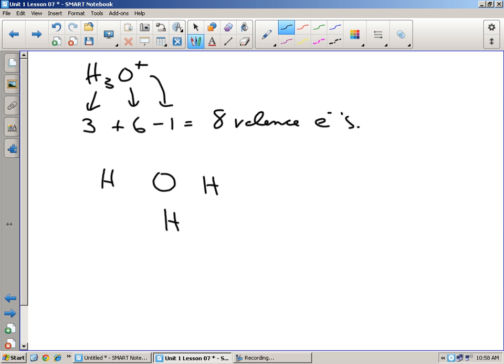That's step 3. Step 4 says the following. Draw 1 pair of electrons between each pair of atoms to represent a single bond. Do we have a molecule here yet? And the answer is no. We need to connect them together. So, hydrogen can only form 1 bond, 1 bond, 1 bond, yes? Now I'm putting dots there.